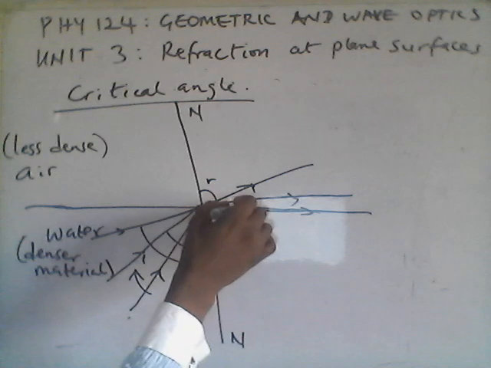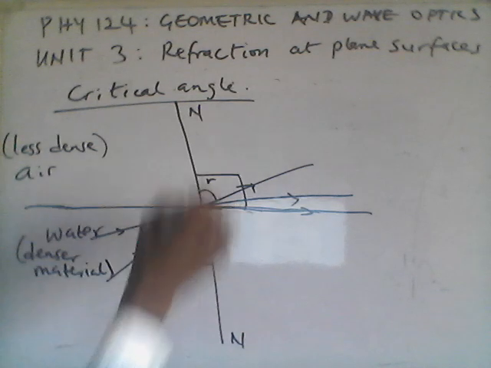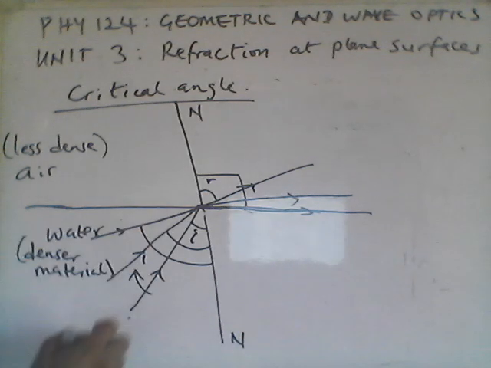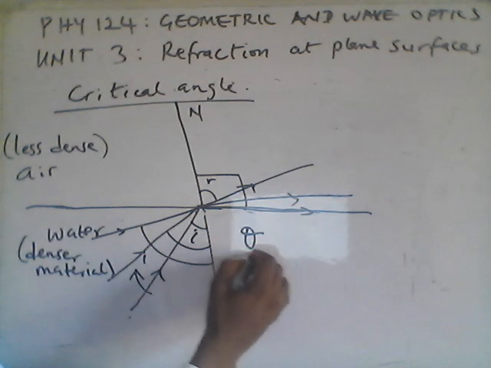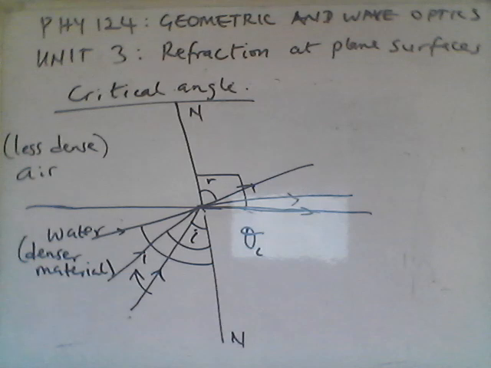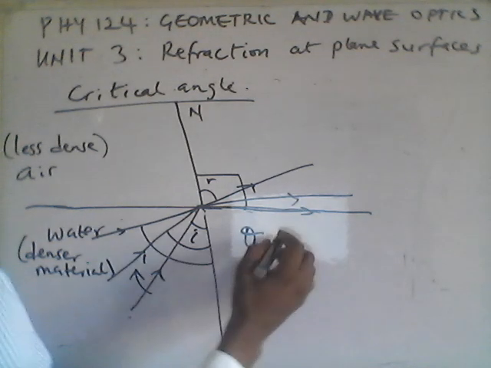That means the angle of refraction at that point will be 90 degrees. That angle of incidence where the angle of refraction is 90 degrees is called the critical angle. I will call it theta C.